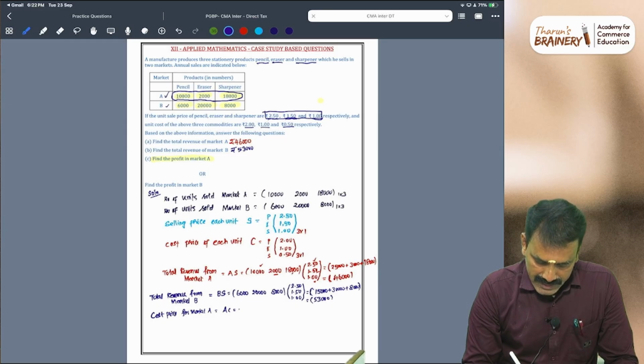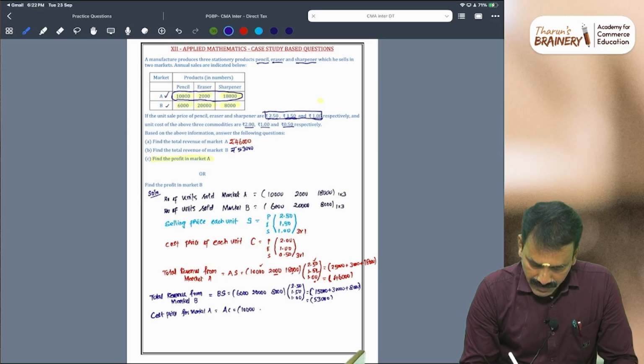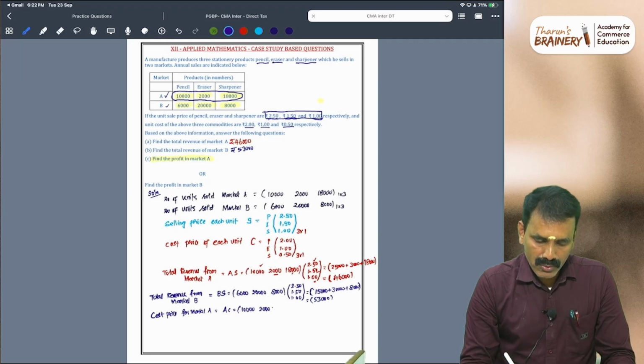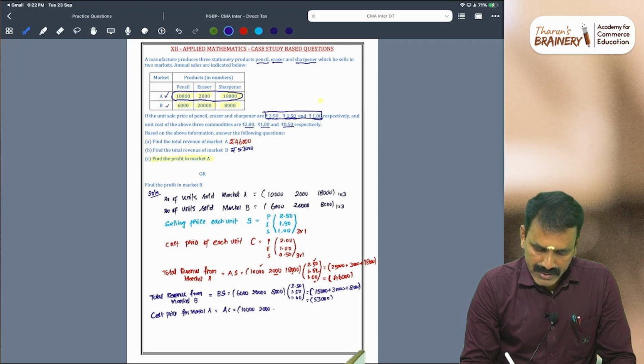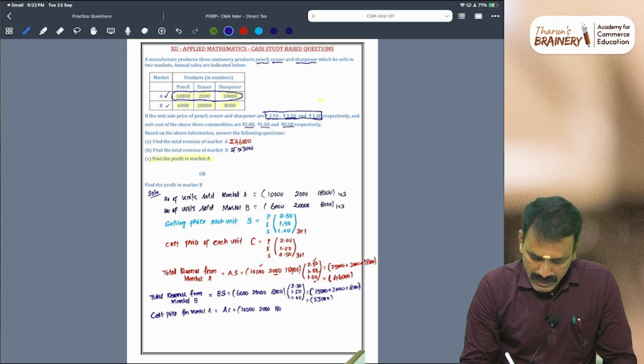So again, matrix A is written. It is going to be 10,000 for pencil, 2,000 units sold in eraser, and 18,000 units sold in sharpener.